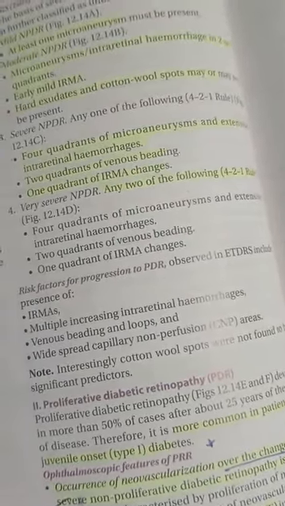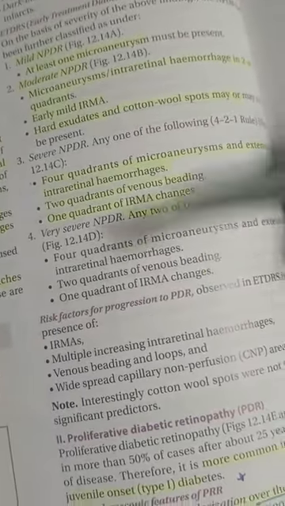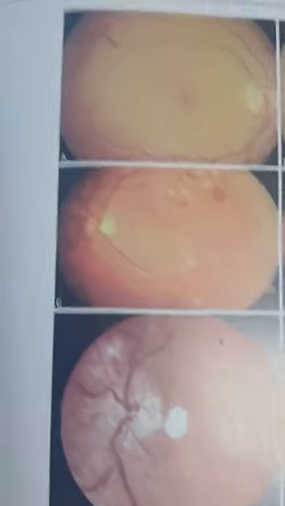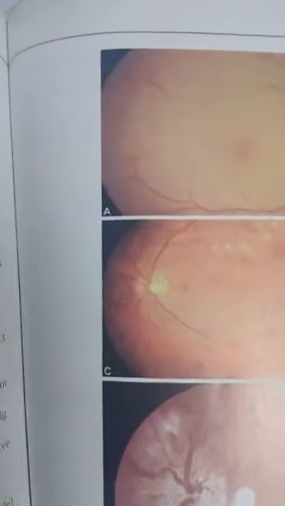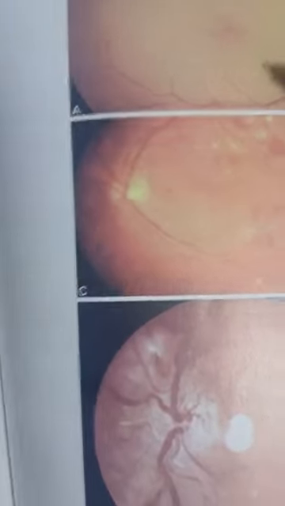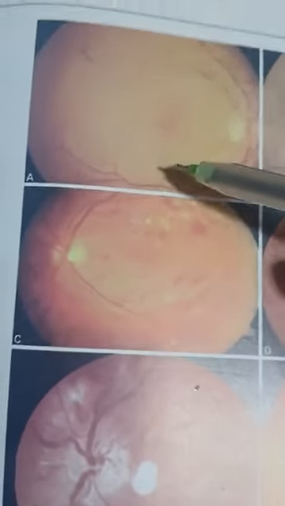Guys, now you will ask that all these quadrants and things we can't remember so easily, so for that you will see the diagram over here. So guys, as you can see in the first diagram, that is a mild NPDR.